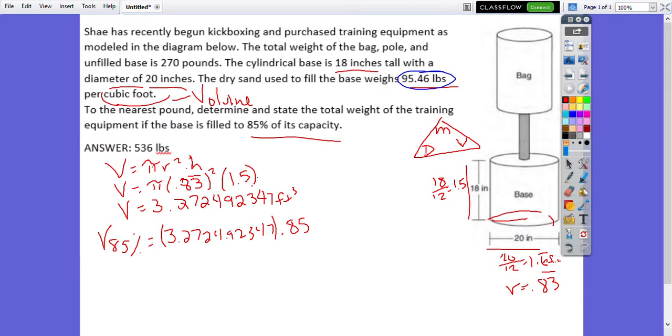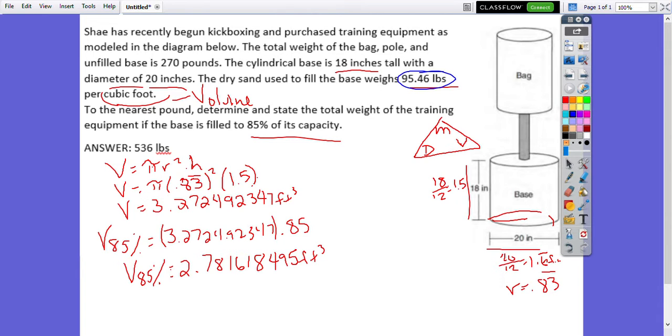We only want that 85% of that volume. And we get a volume of 2.781618495. All right, and this is cubic feet.